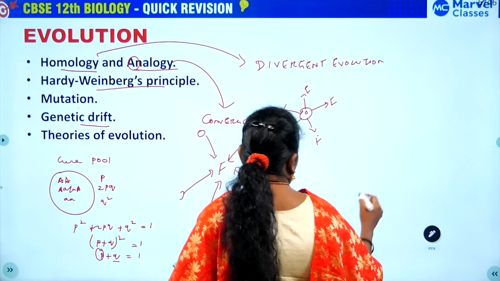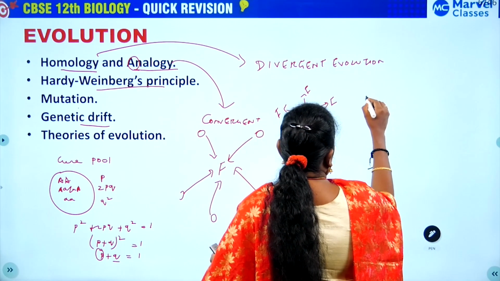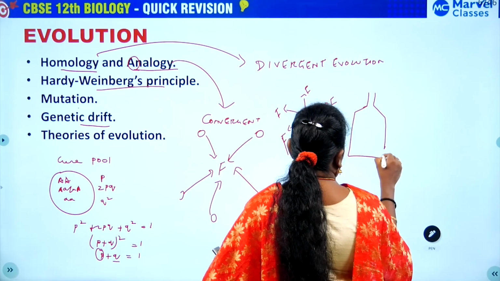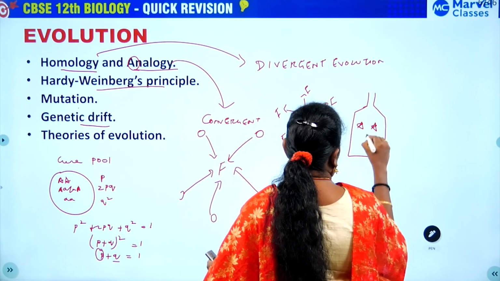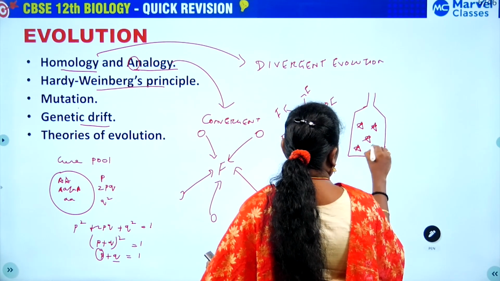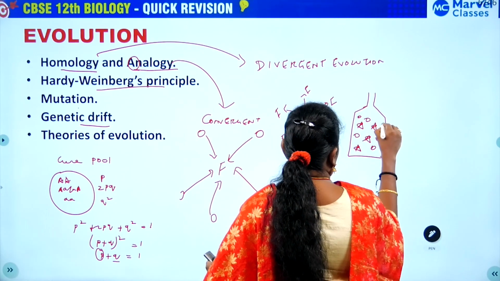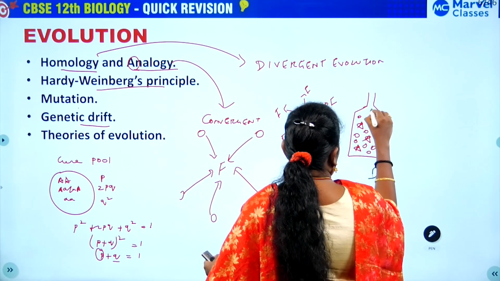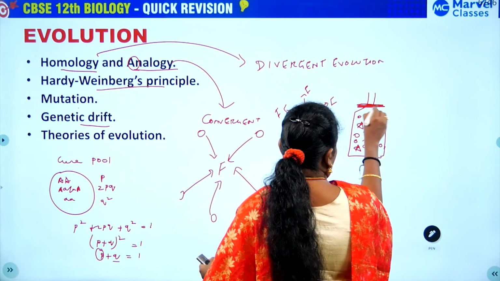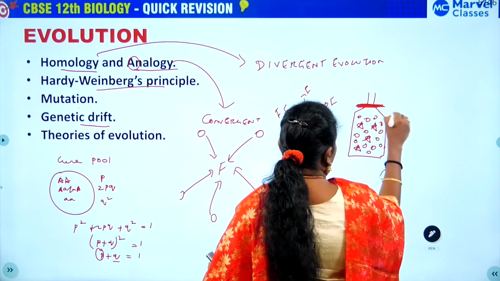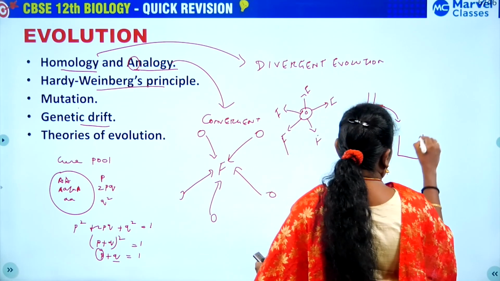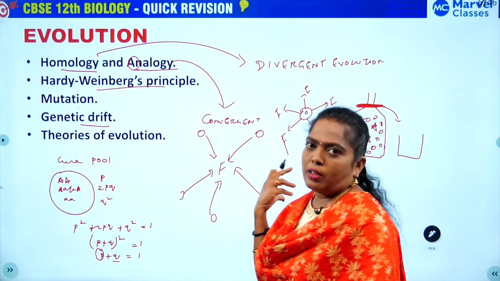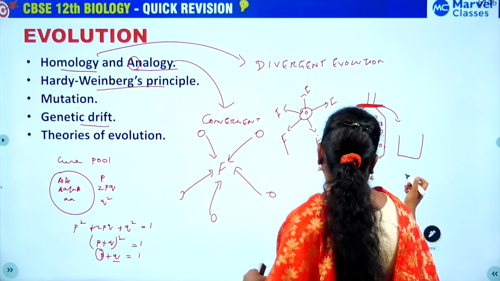Say for example, here in the bottle, this is also known as the bottleneck phenomenon. Here in the bottle we have two types of population, one like this and another like this. Due to some unfavorable conditions, only very few survive, whichever ones have the variation, and they go to the next generation.